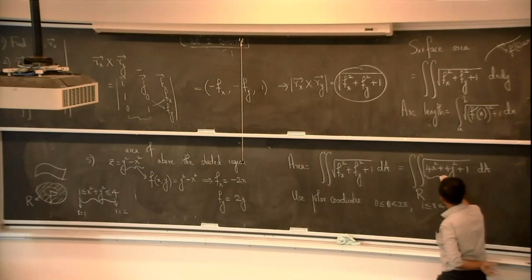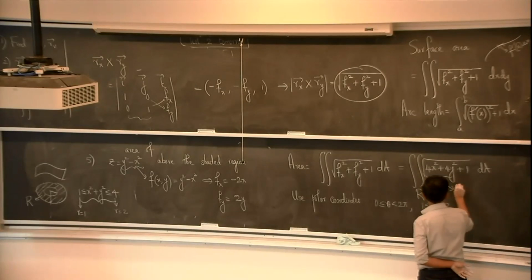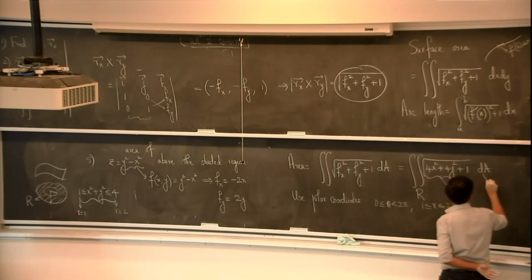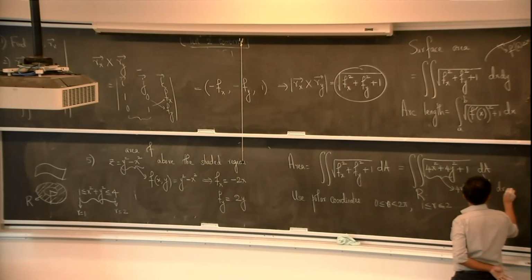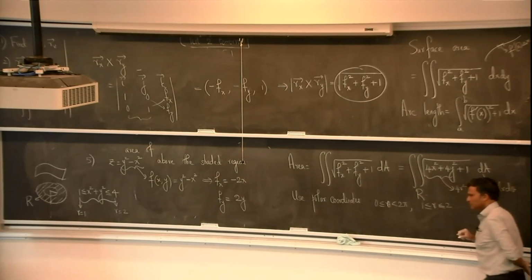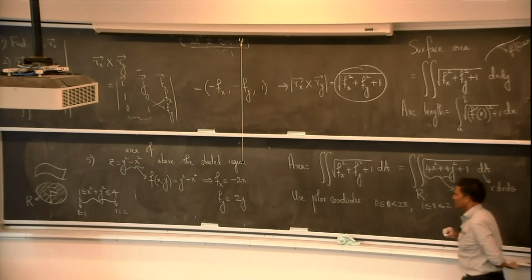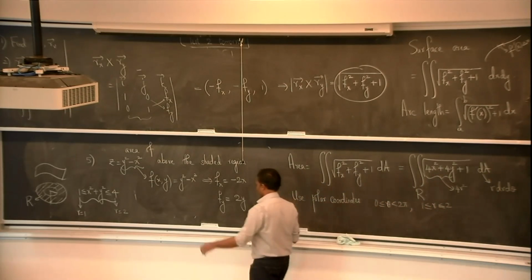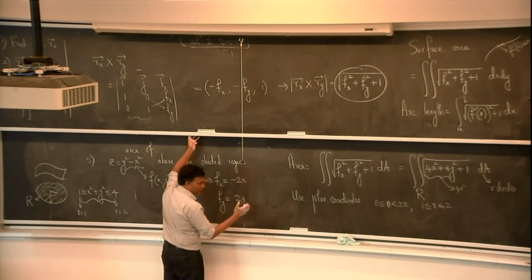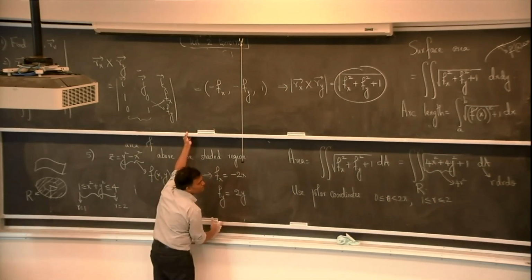And x squared plus y square is r square, so it's going to be 4r square here. Don't cause any troubles for yourself tomorrow. Remember r dr d theta.